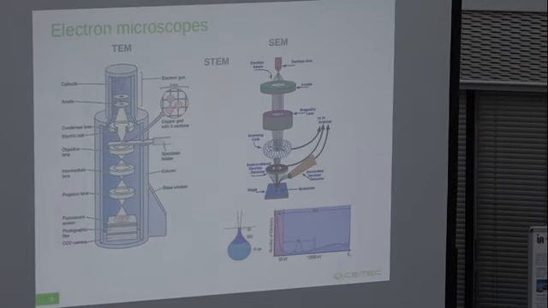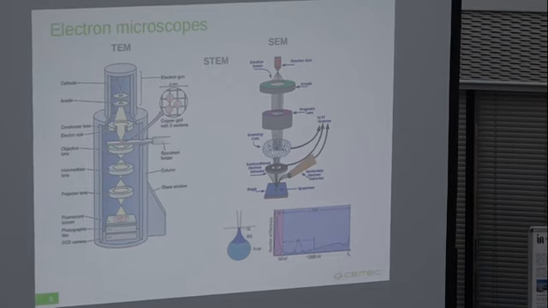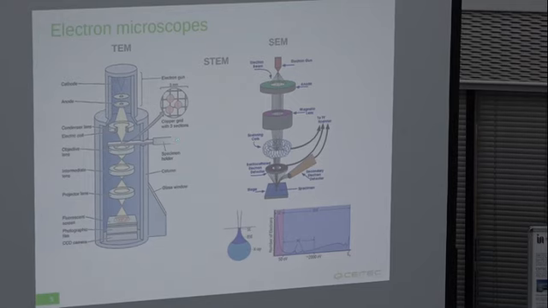This is just a brief overview of how electron microscopes look. In both cases you have the source of the illumination and then a condenser system which generates a beam interacting with the sample. In the transmission electron microscope, we primarily use a planar electron wave that interacts with the sample, and then the image is formed by the objective lens and magnified on the camera or the fluorescent screen.